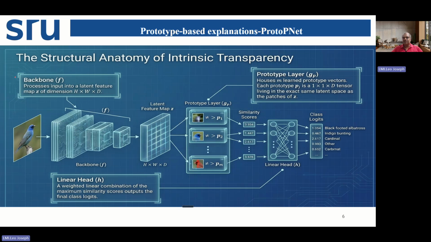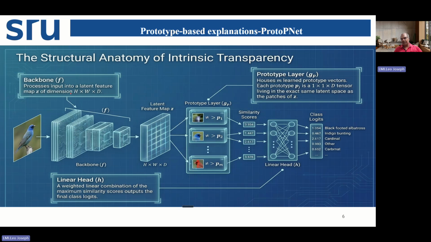Similarly, is P2 equivalent to this or not? Is PM equivalent to this or not? Based on that, we calculate the similarity scores. You can see here the first portion is 3.954, and the next portions are 1.447 and 2.64. This is computed by the prototype algorithm.